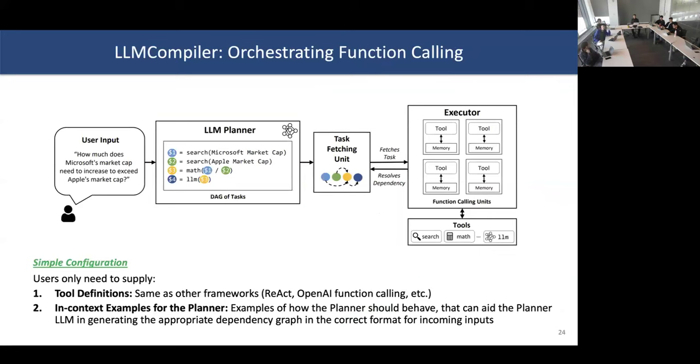I have a quick question. Please. I wonder, does the LLM planner scale well? Because in this example, the original prompt is just to compare the Microsoft market cap with Apple's market cap. So it breaks into basically 3 steps: search the 2 brands' information and the simple math.